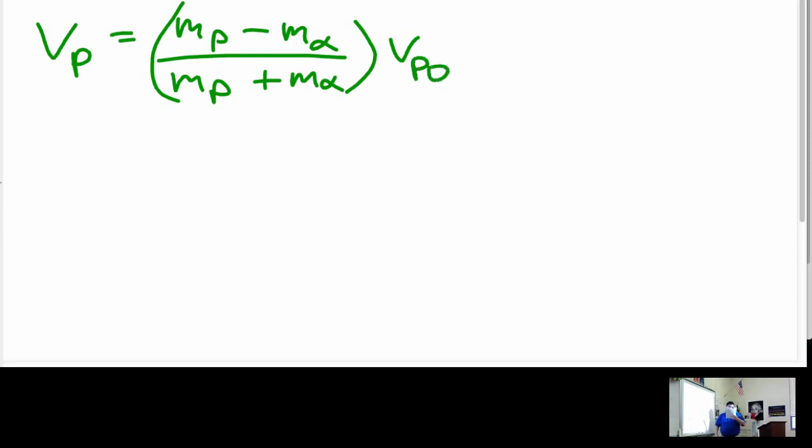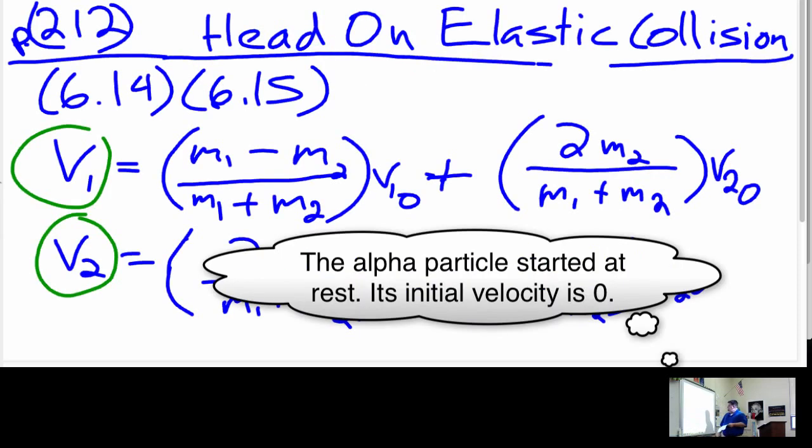And then the second half of that equation kind of cancels out, right? Now, why does it cancel out? Let's look and see. See this second half is the initial velocity of the alpha particle, right? Which is what? 0. So, because it's 0, this whole thing kind of cancels out. So that's how we're able to get this.